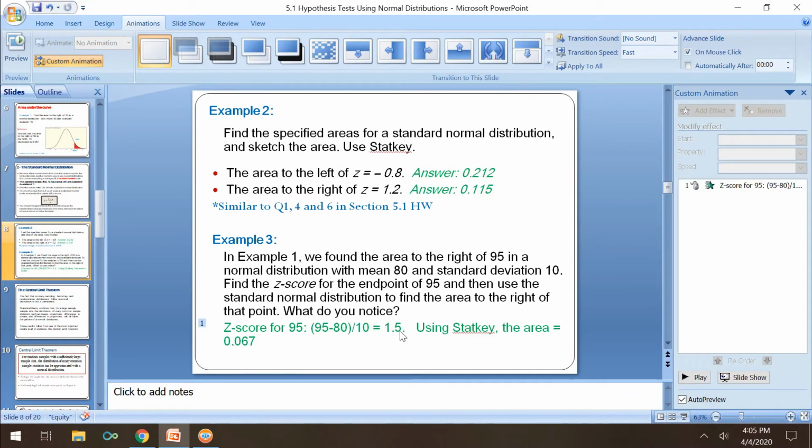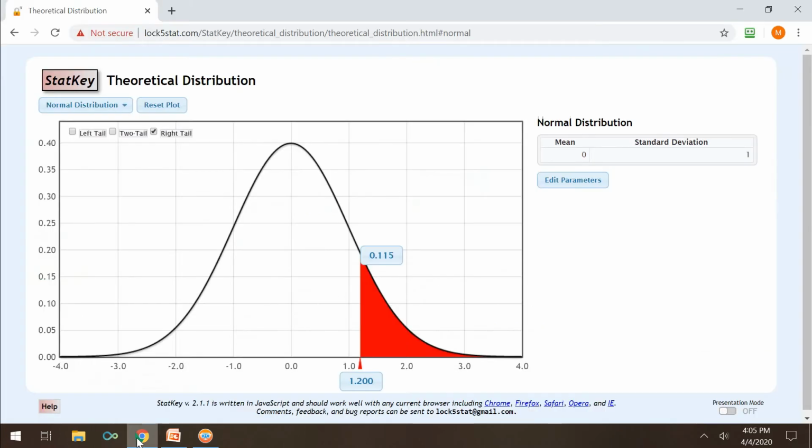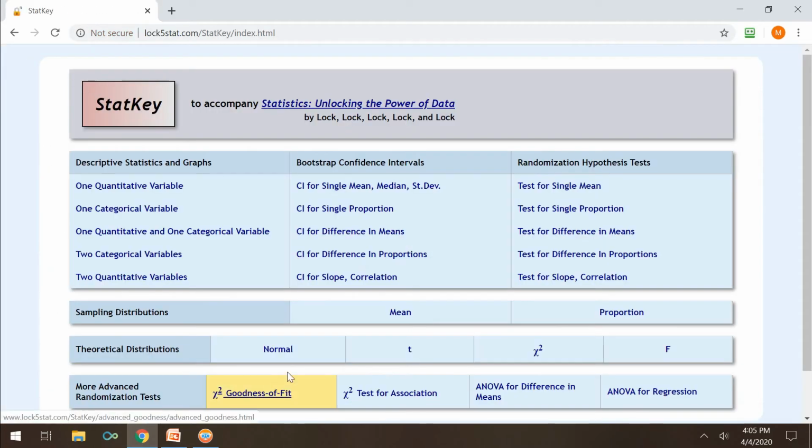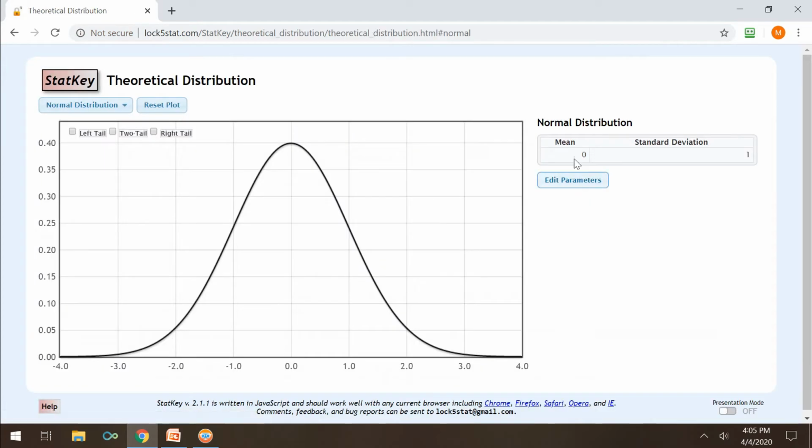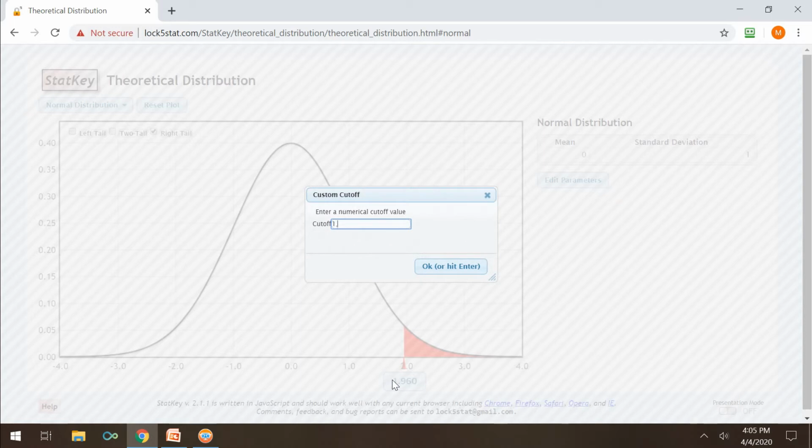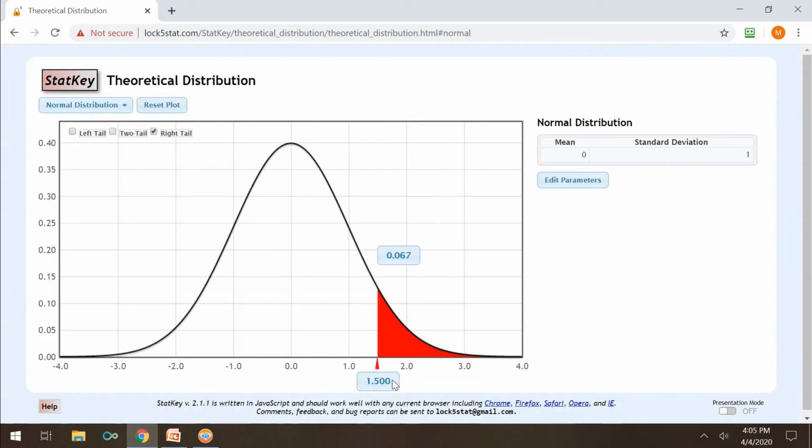So now I have the conversion in z's, and I need to find the area under the curve to the right of this z-score. So I'll go to StatKey. I will keep it in the standard normal distribution, and this is to the right of the z-score, which was 1.5. And the area is exactly the same.